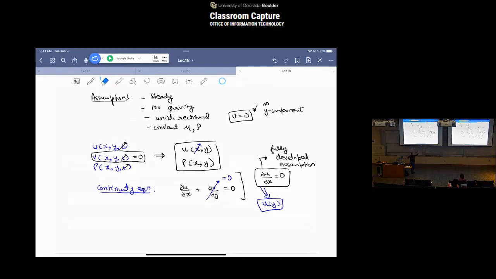I just want to clarify this. If you read the book, it may talk about fully developed, but you don't have to worry about it too much. It means that the velocity itself does not depend on its own coordinate. It's an x direction velocity, but it doesn't depend on x. That's why it's called the fully developed assumption. We'll talk about this in more detail in the third part, but for now don't worry about it too much.